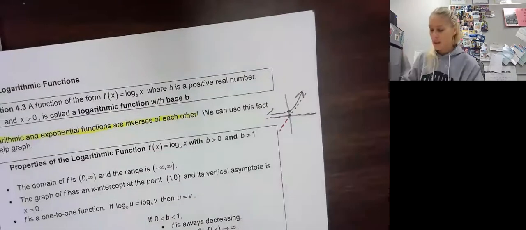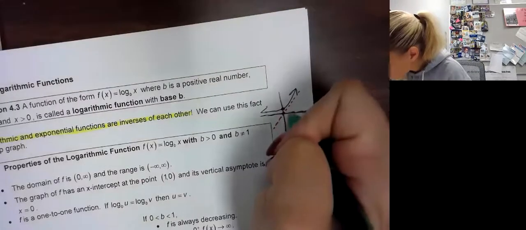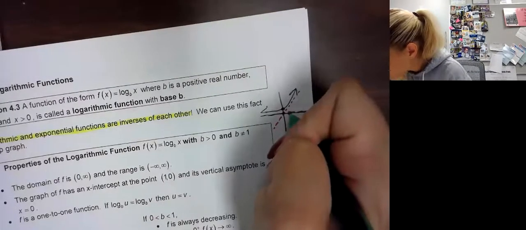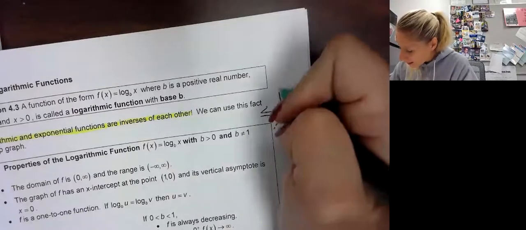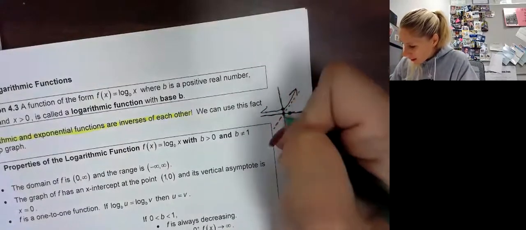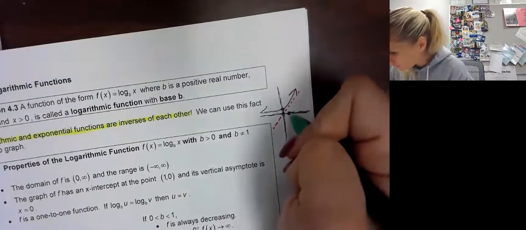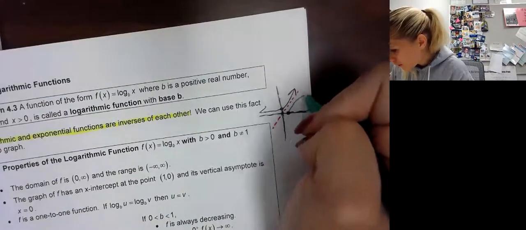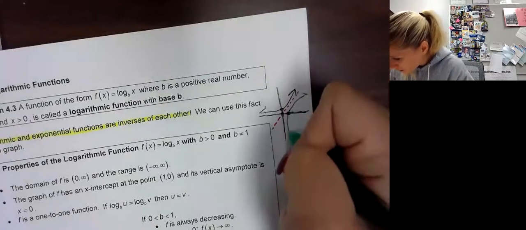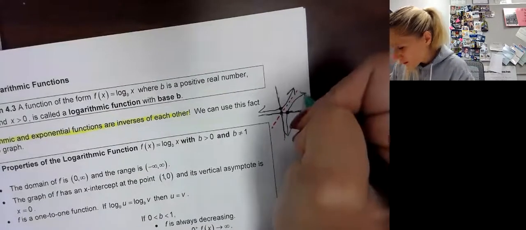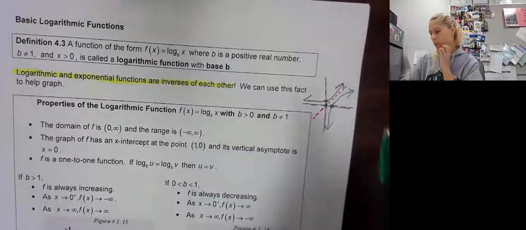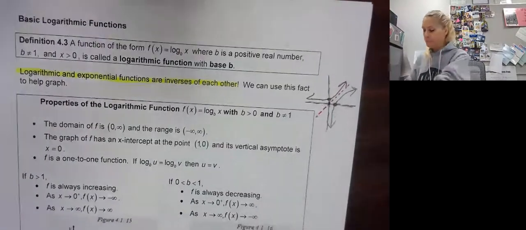Okay, so I'm going to reflect it. That means the logarithm would then have a point at 1, 0, and its asymptote would actually be now vertical at x equals 0. And we've got this. Okay, so exponential, log.